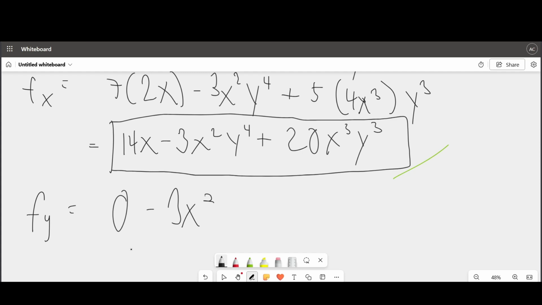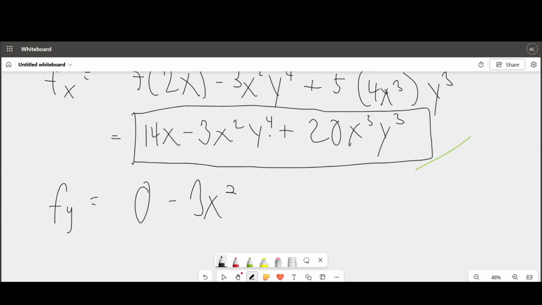So since this is a constant of all these numbers, it's going to equate to 0. Okay? So we just treat the x variables as constants, and we use the power rule again.